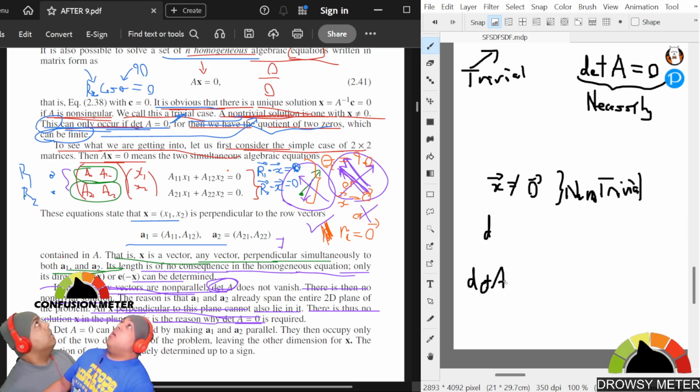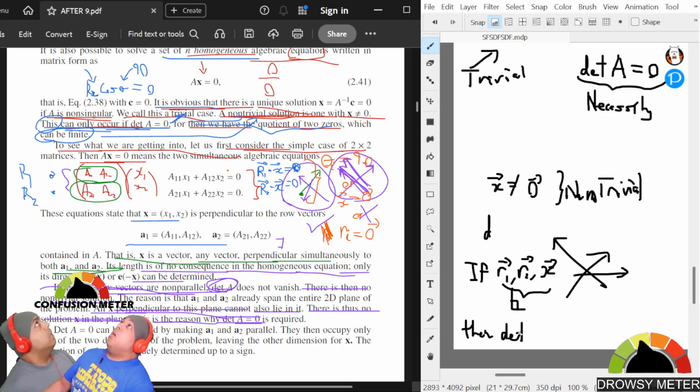Determinant of A... if R1, R2, and X are perpendicular or something, I don't know. Then determinant of A is alive.